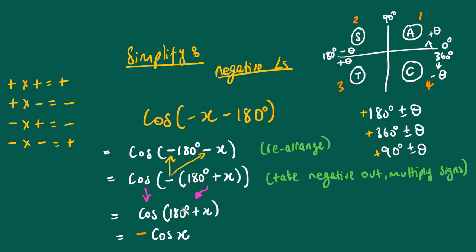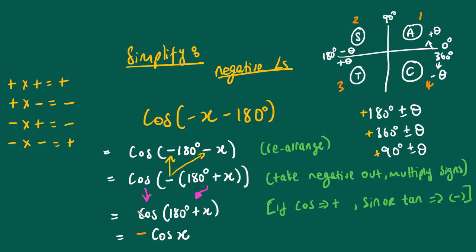Okay, then after you have done that, if you're working with cos, you're gonna have positive. But if you're working with sine or tan, your answer was gonna start with what? With a negative. That's what you must know there. Because we're working with cos, right, we're gonna put our answer here as positive.